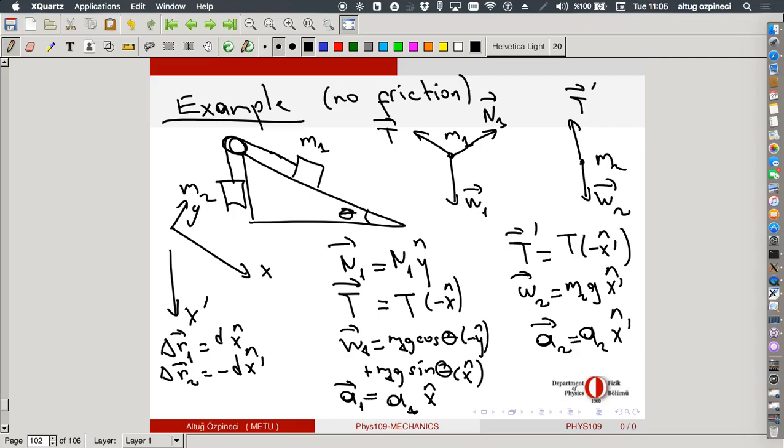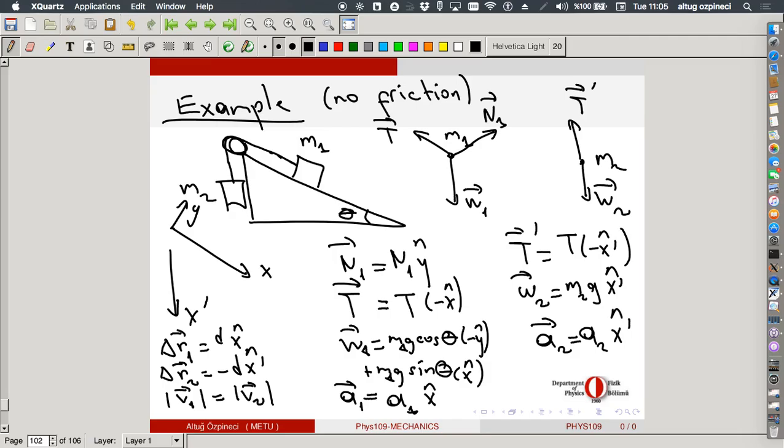If you divide by the time it takes, you see that the velocities should be related: the magnitude of v1 should be equal to the magnitude of v2 all the time. And if the direction of v1 is in the positive x direction, the velocity of m2 should be in the minus x prime hat direction. If this is going in this direction, this should be moving upward. It should hold all the time.